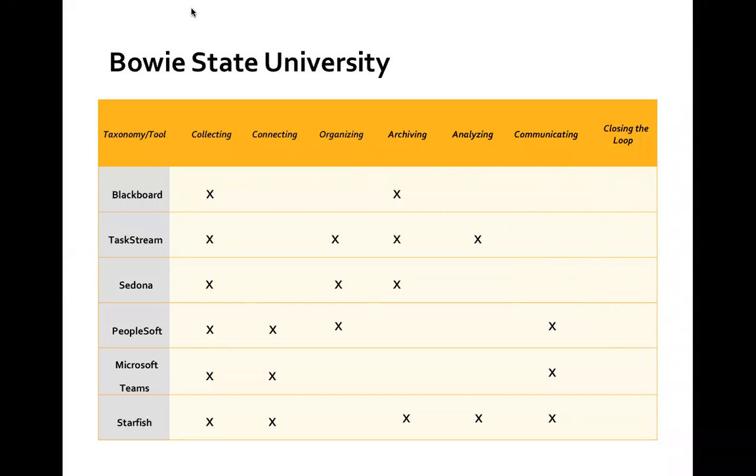PeopleSoft, I think everyone's familiar with that. Microsoft Teams in terms of collaboration and work groups, and then Starfish with tracking student performance, grades, and our early alert system. And that's mostly for retention coordinators, academic advisors, and faculty. And I guess that's everything.